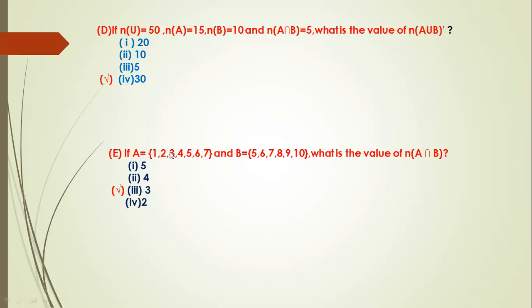If A equals 1, 2, 3, 4, 5, 6, 7 and B equals 5, 6, 7, 8, 9, 10, what is the value of n(A intersection B)? Intersection means what is common. What's common here? 5, 6, 7. That's why the third one is the answer. Now let's move to the next slide.